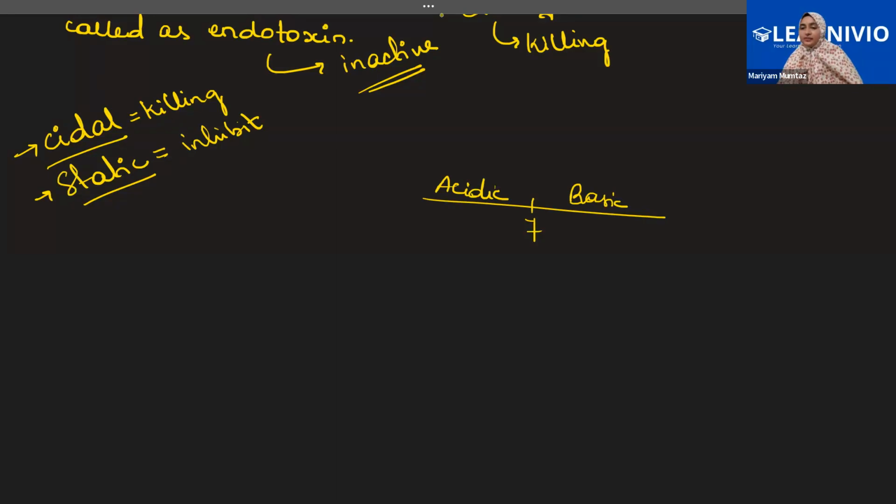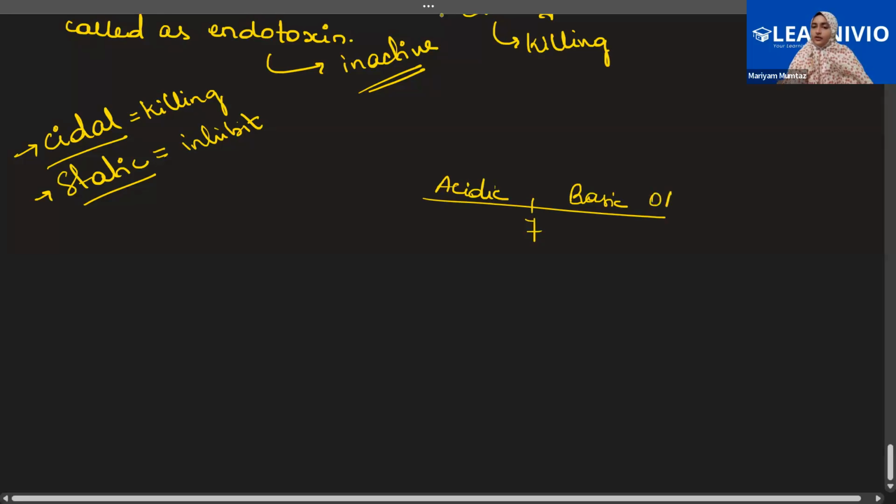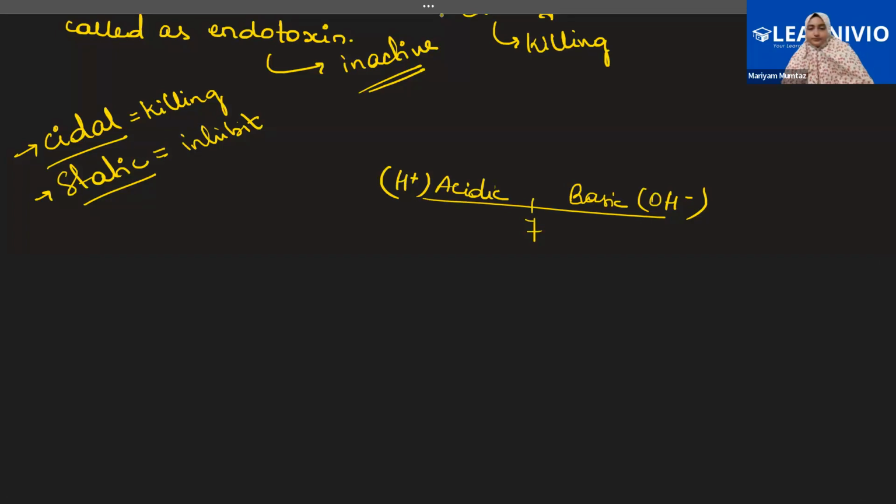And when does a pH greater than 7 come? When there are more OH minus ions. Here the OH minus ion increases. And when we talk about acidic, H plus ions increase. Got it?